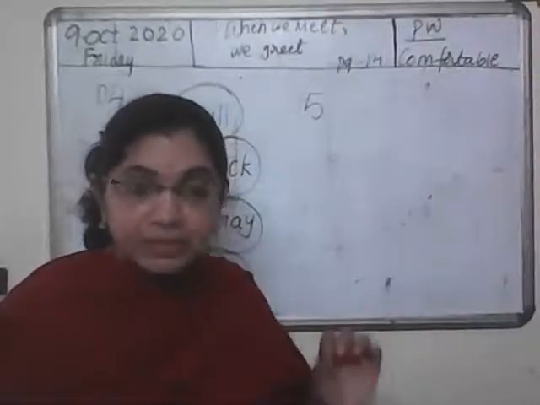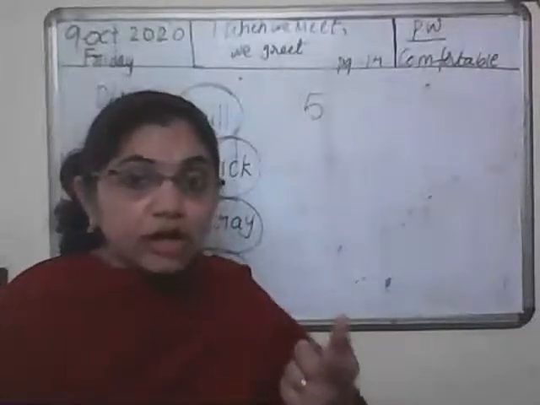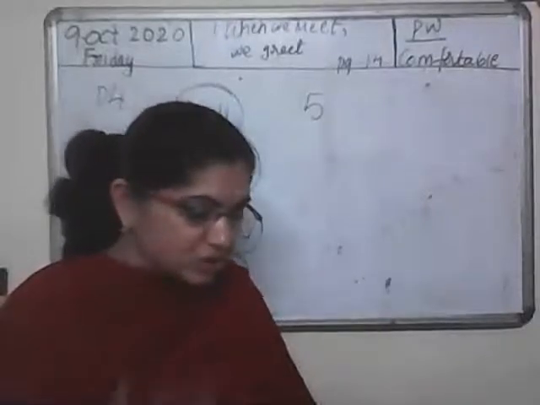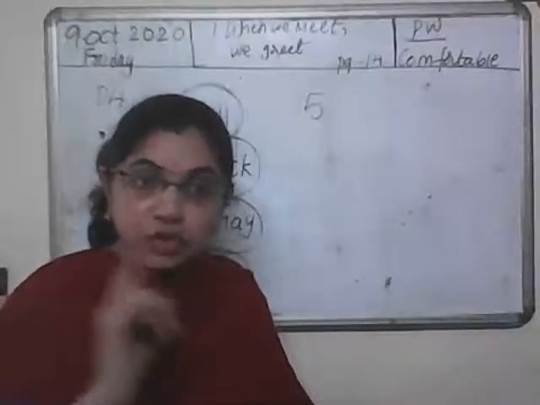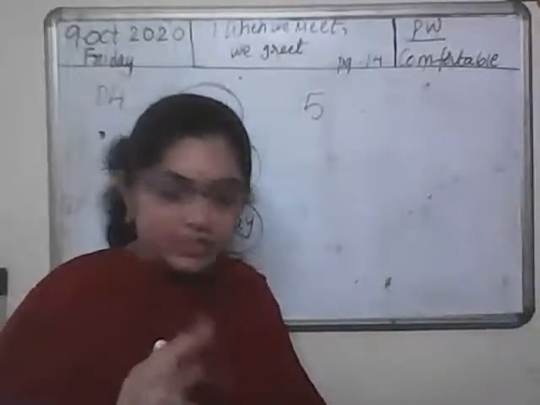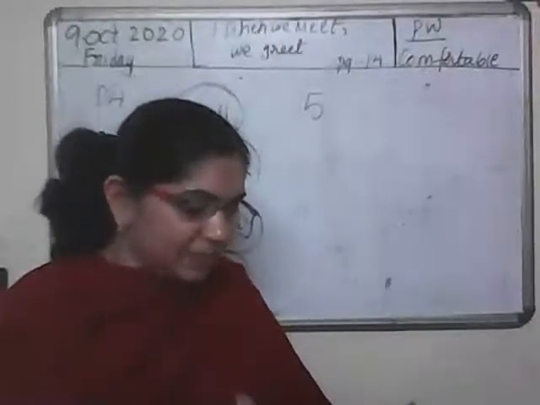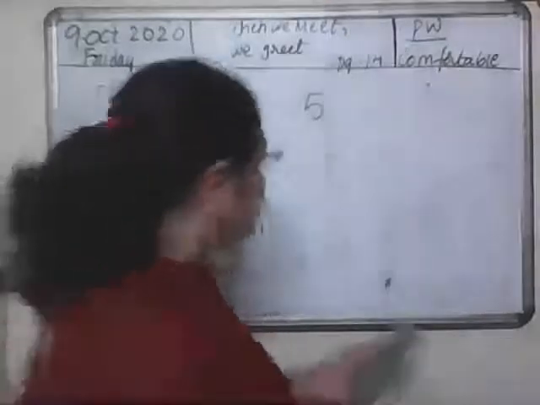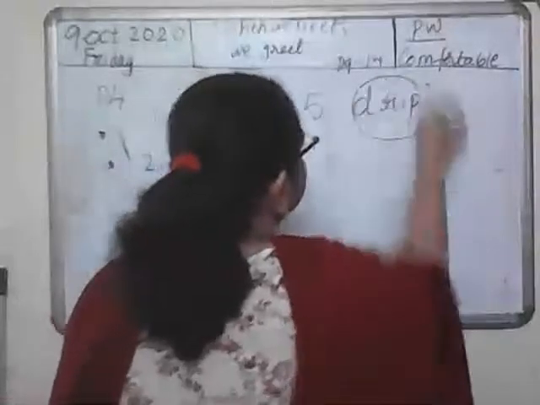Okay, it means D and R. Here the letters are D and R, which makes the sound dr. So this is not the sound of tr. And the last word is treat, T-R-E-A-T. So T and R together makes the sound tr. Again, treat, trap, trim, trick, treat. So the odd one is trip, T-R-I-P.